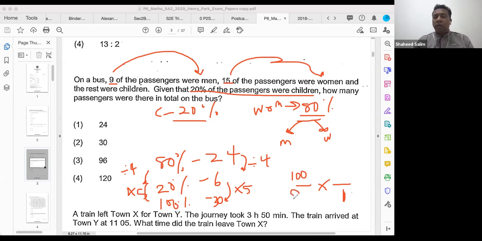You know 80%, we put 80 below, is equals to 24. You do like that, so you will get 30, for sure. You can divide, you get 5, 4, then you divide 1, this one 6. 5 times 6, 30. So both ways are correct.